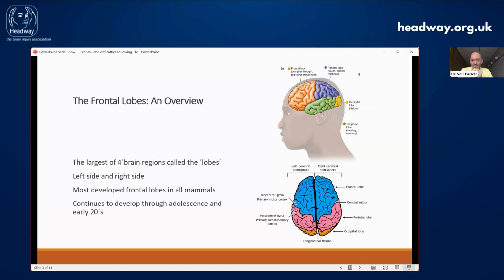The cortex, the wrinkly bit that you see in all these pictures, is divided into four regions, which we call the lobes. At the back of your head, there are the occipital lobes, primarily associated with vision, a very important sensory process for humans.